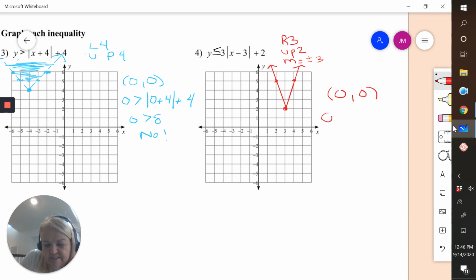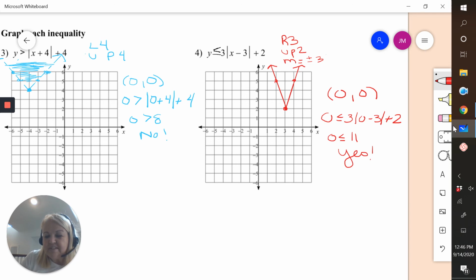So is 0 less than or equal to 3 times the absolute value of 0 minus 3, plus 2? So that's 11. Oh, less than or equal to. So is 0 less than or equal to 11? And the answer to that question is yes.